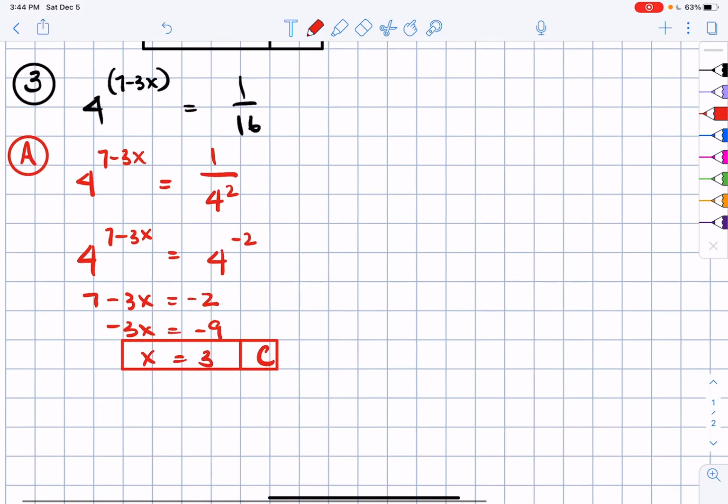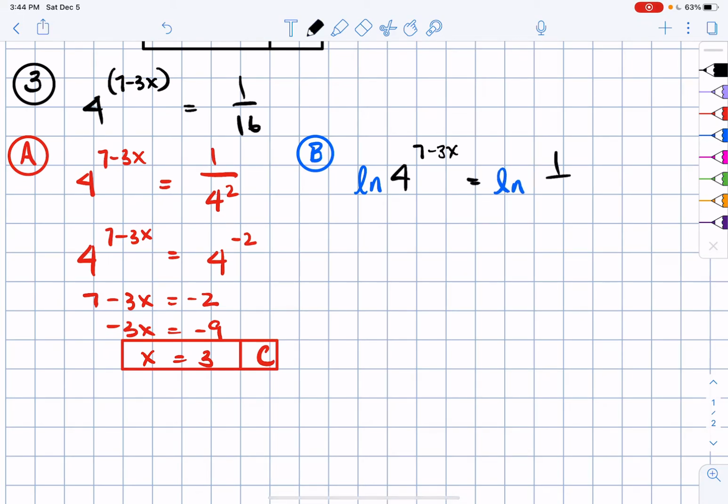There we go. Now, the other way of doing it, I would call method B, okay? With method B, what you guys can still do is just say, you know what, I'm just going to take the ln of both sides. 4 raised to 7 minus 3x is equal to ln of 1/16.